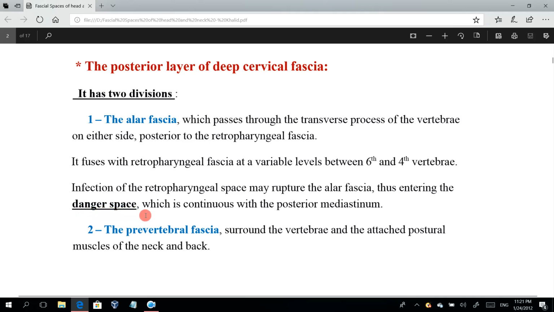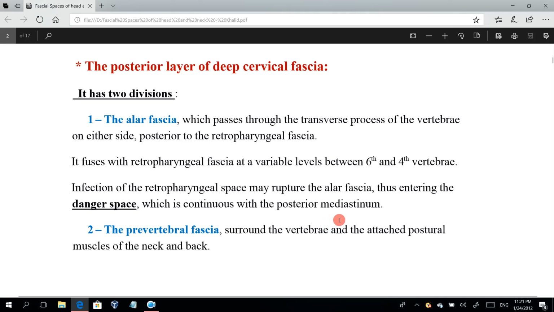Where is this danger space? The danger space is continuous with the posterior mediastinum. It lies between the alar fascia and the last layer, which is the prevertebral fascia. So if the infection passes posterior to the alar fascia, it will be in a space between the alar and the prevertebral fascia, and this danger space is continuous with the posterior mediastinum.